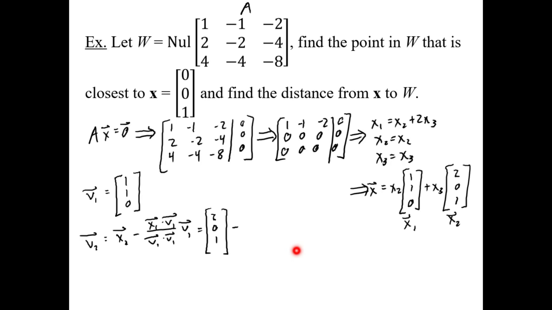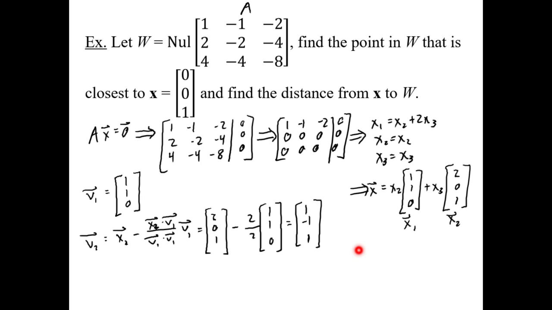Nope. That should be x2 dot v1. Doggone it. All right, let's try this again. x2 dot v1 is 2 plus 0 plus 0, which is 2. v1 dot v1 is 2. And v1 was 1, 1, 0. Okay, the fraction is just 1, so if I do the subtraction, I'm going to get 1, negative 1, 1. There's my v2.